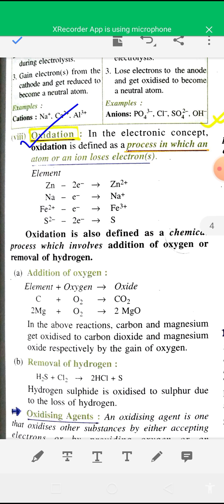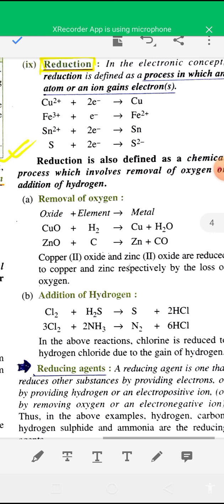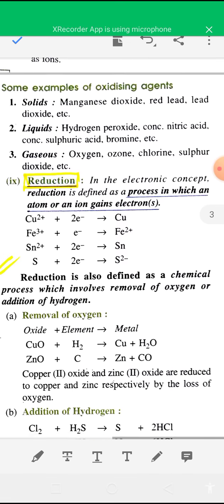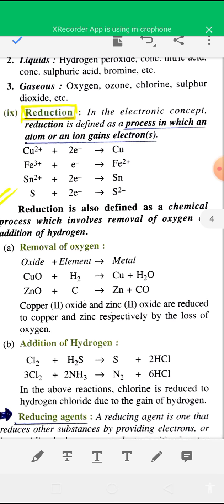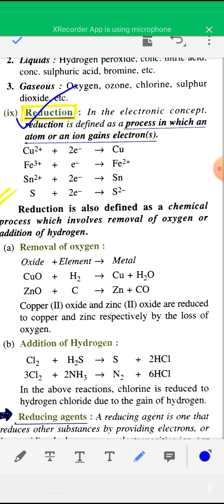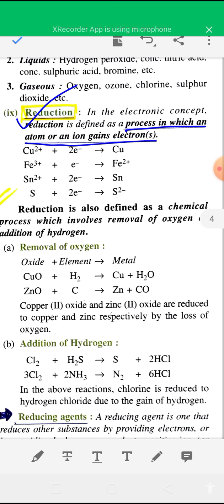This is oxidation. You have to remember that definition of oxidation in terms of electrons in this chapter. Reduction means gaining of electrons. In the electronic concept, reduction means the process in which an atom or an ion gains electrons.